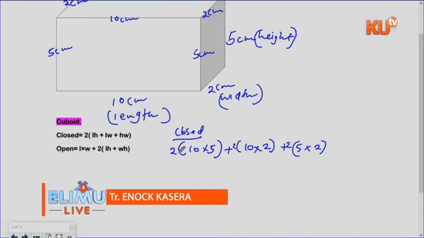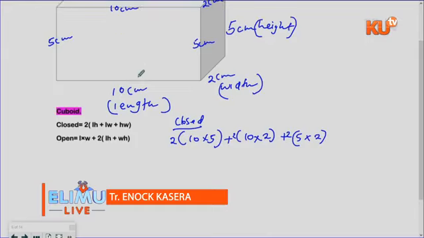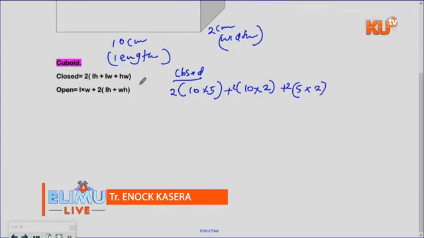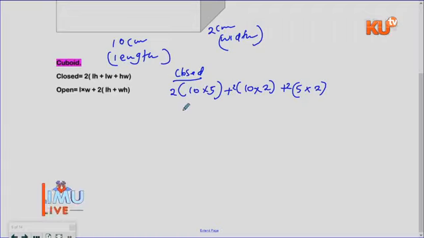So if we start with 10 by 5, this is this side here, this rectangle here, we have 10 and 5. And remember, there's also another rectangle on the other side. So you take 10 times 5 and then times 2, because there are two rectangles.